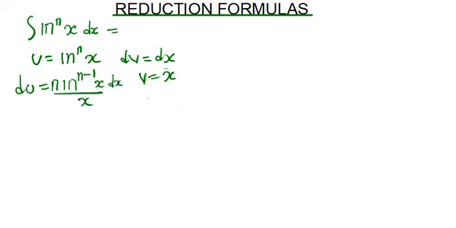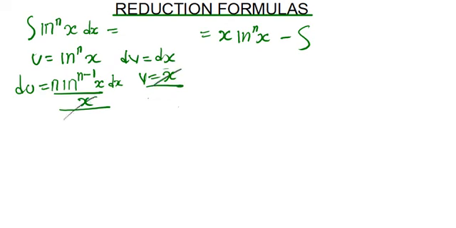So by integration by parts, you're going to multiply your v by your u. So it's x multiplied by ln to the power n of x there, minus the integral of v du. You're multiplying this v by this du, and we have x there on the numerator and x on the denominator, so this x can go and that x can go.